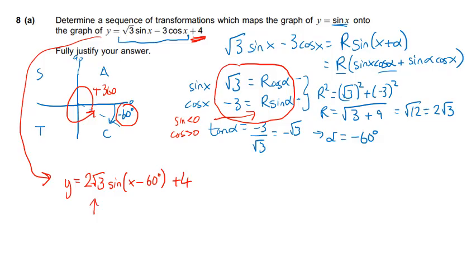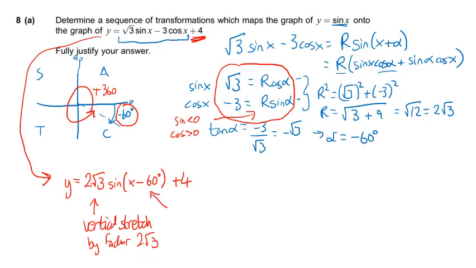So what does the multiplicative factor in front of the sine do? Well, that's a vertical stretch. So it's stretching the y direction by a factor of 2 root 3. What does the minus 60 do?